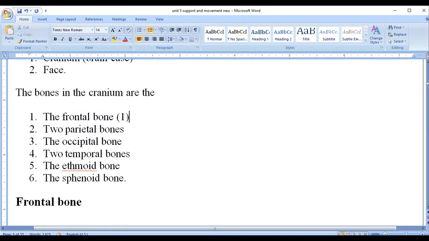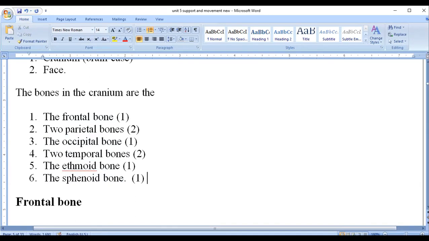Then how many bones are there? One frontal bone. Two parietal bones, correct? One occipital bone, two temporal bones. Ethmoid bone, one bone. Sphenoid bone, also one bone.